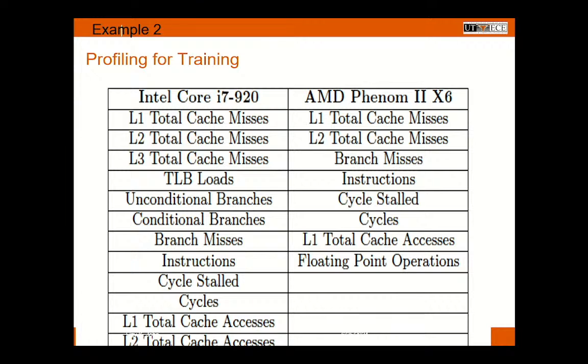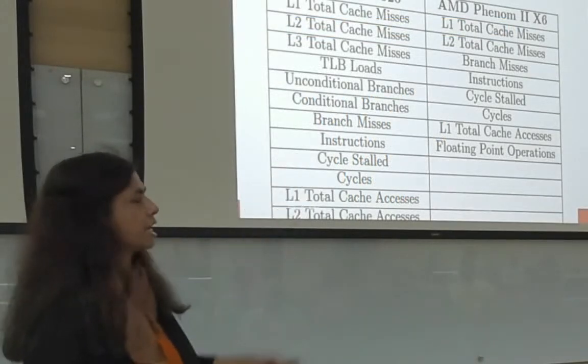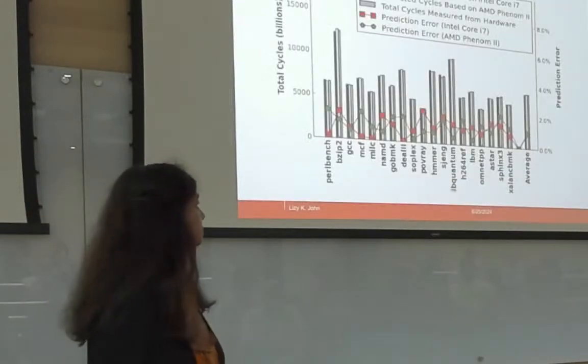On AMD, some things were not available. So AMD, we only use about 8 or 9 counters. Intel, we had about 14 counters. And so we wanted to see whether, if you only had the basic things like in the AMD, can we still create this model? That was part of the idea.